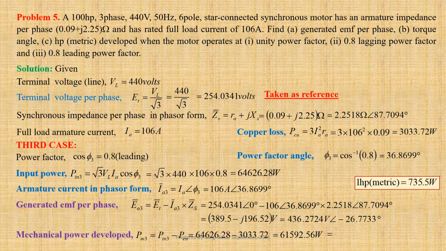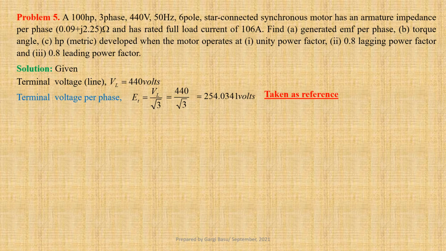That is equal to 61,592.56 divided by 735.5. That is equal to 83.74 horsepower metric.